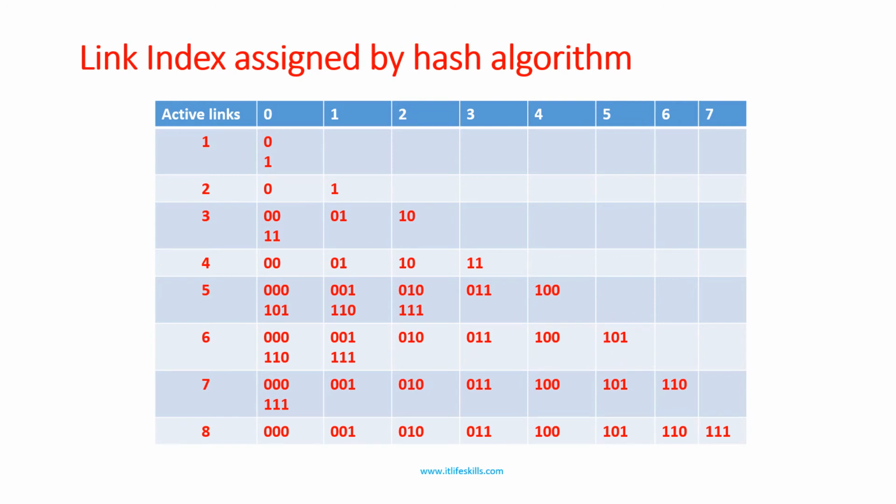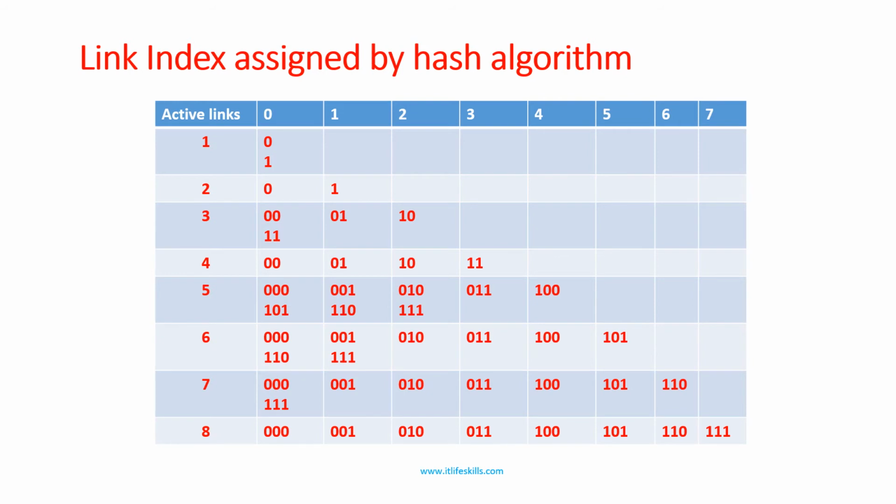And 1 1 0, link number 0 will be used. 1 1 1, link number 1 will be used. And you can figure out the cases where it has 7 or 8 active links.